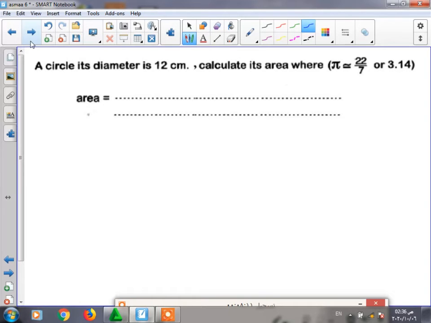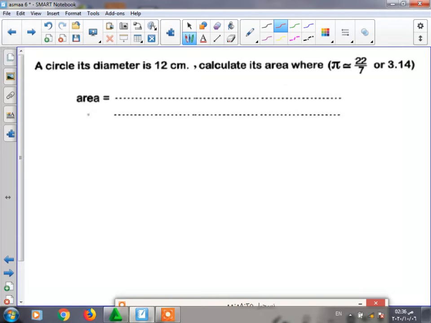The next one, a circle, its diameter is 12 centimeters. Calculate its area, where pi equals 22/7 or 3.14. Choose any value you want. Now, to find the value of the area, don't forget that you must get the length of the radius. Do we have the length of the radius here?